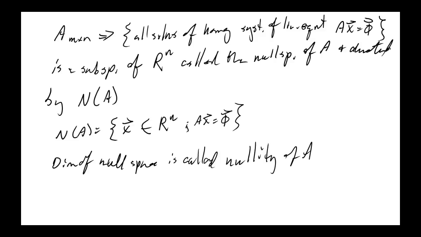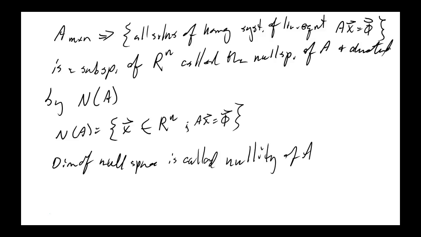So let's see if we can make some sense out of this. Basically, it's just where in Rn the matrix times a vector equals 0. A is an m by n matrix.